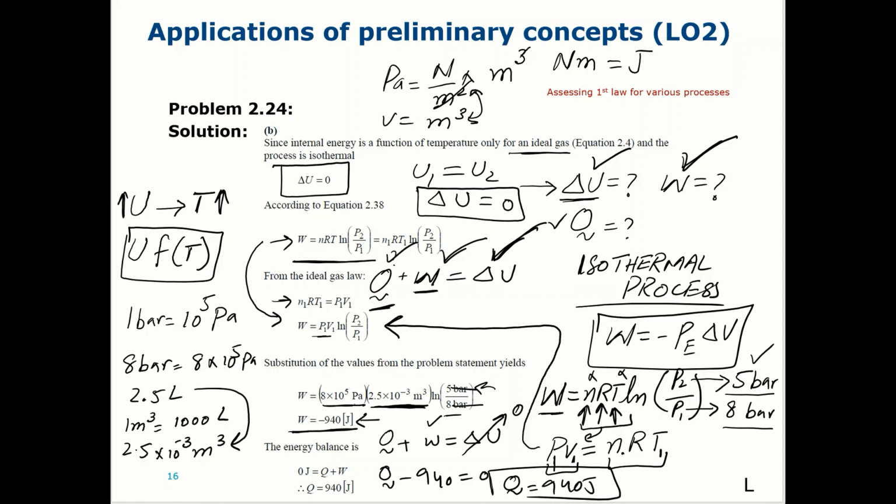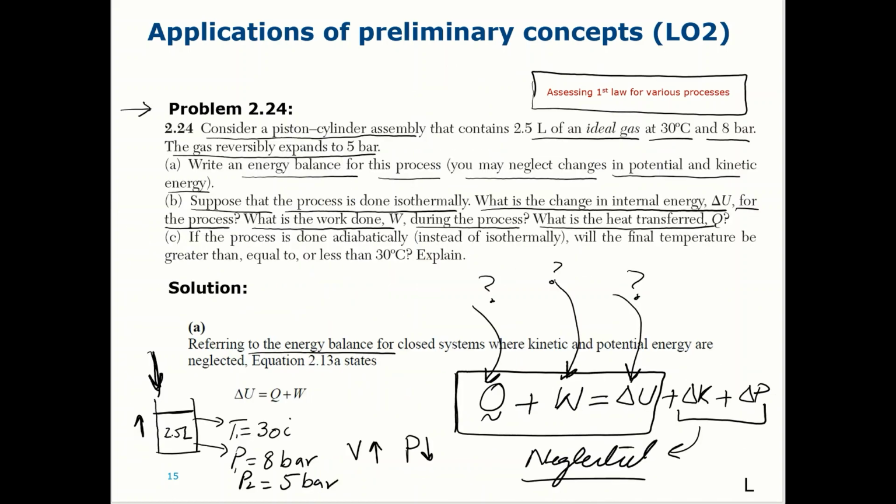The other one can be just calculated from arithmetic or mathematics. So that's how you calculated all 3 terms of first law of thermodynamics. Now let's read back. This part is done. This part is done. Now let's talk about this C.